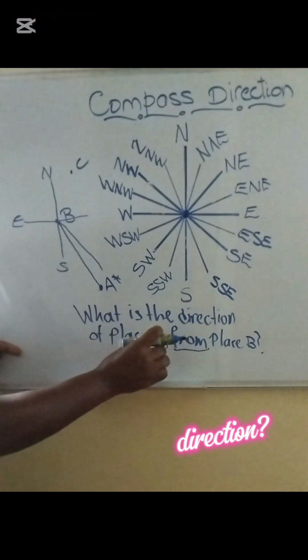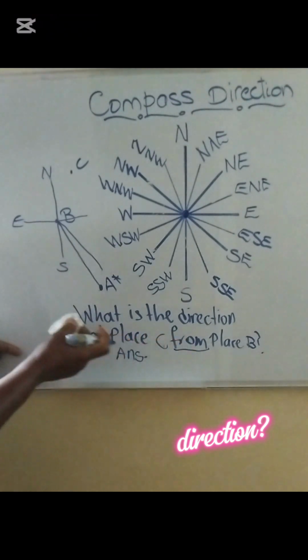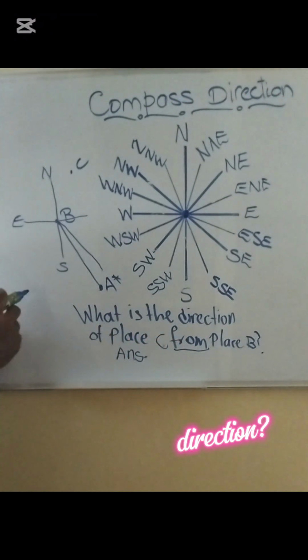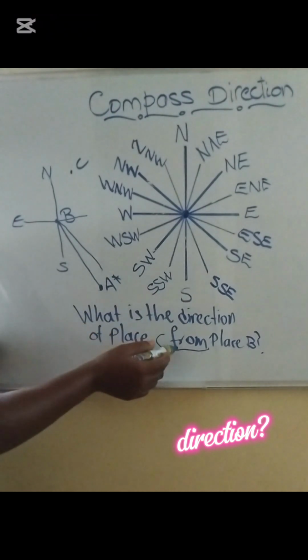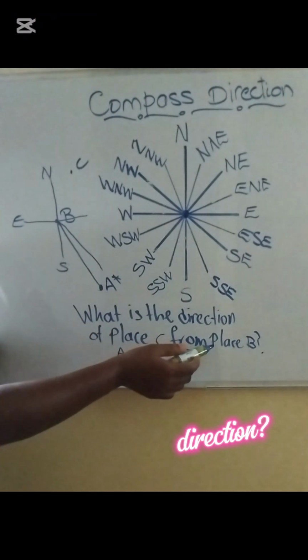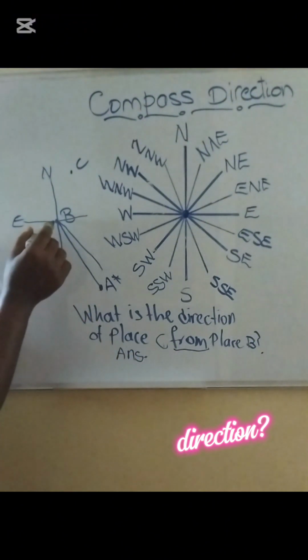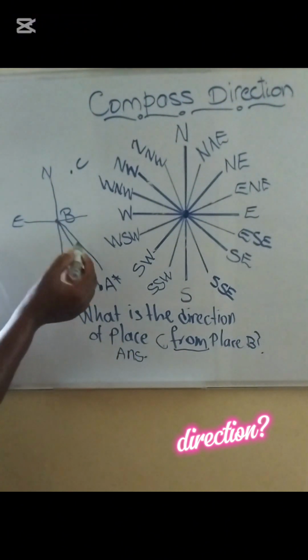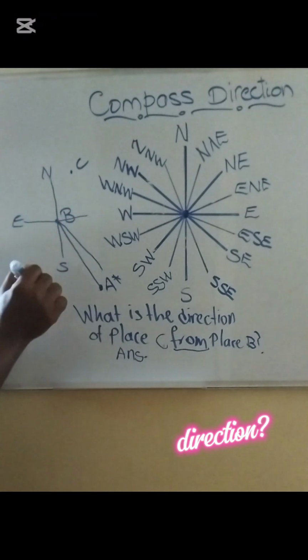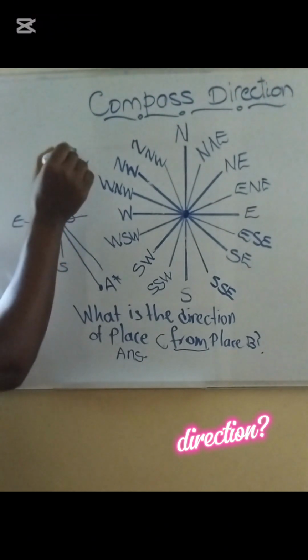What would that be? Giving you a few moments to work that one out. Remember, whichever place comes after from, that's where you are actually taking the direction from. Okay? So we're given the direction for this place.